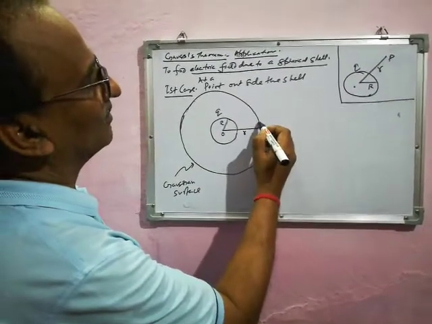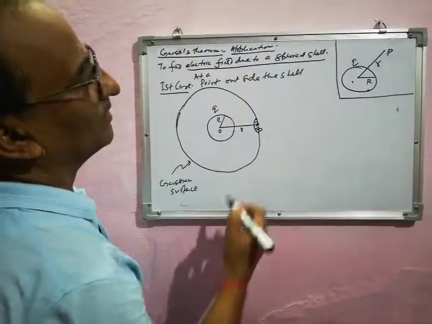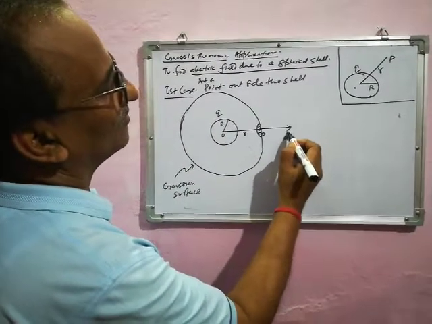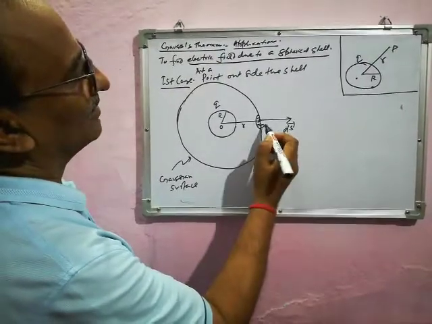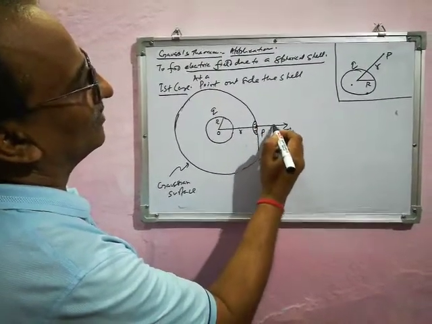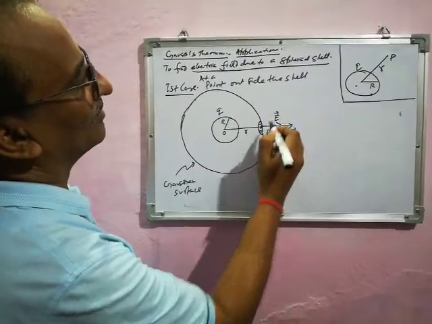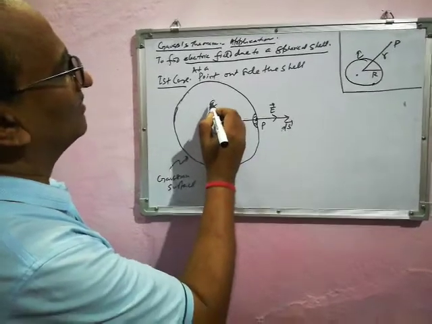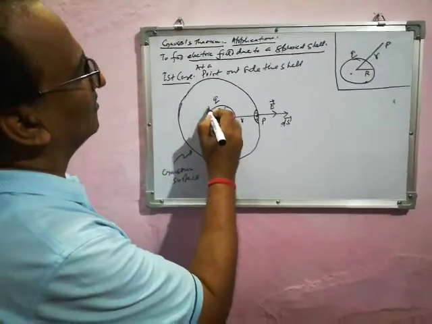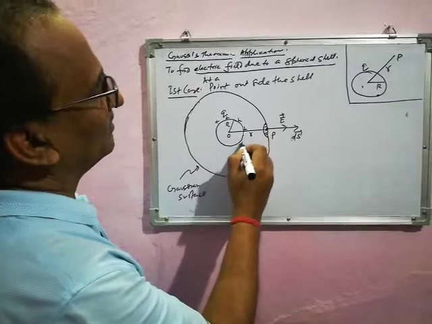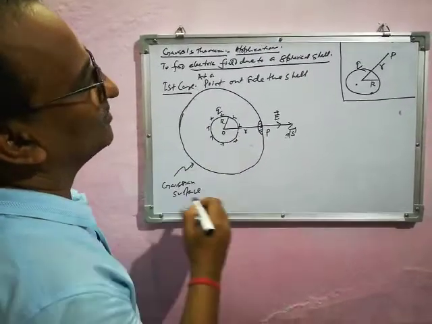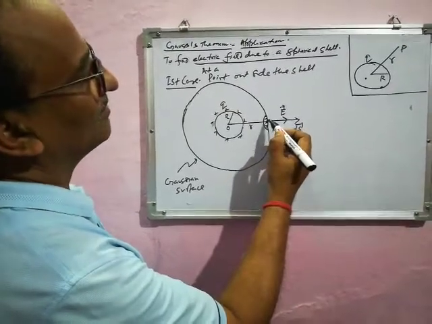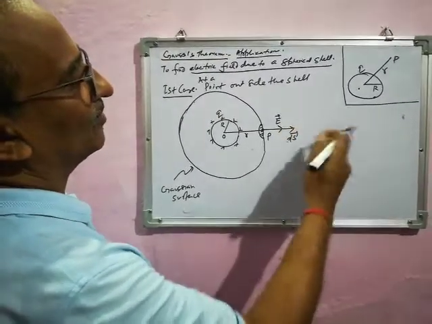First of all, let us consider an element of the Gaussian surface. The direction of area vector will be along this direction, and the direction of electric field is along the same direction. Since electric field is the force acting on a positive charge, and the spherical shell is positively charged with charge uniformly distributed, a positive charge placed here is acted upon by force along this direction.